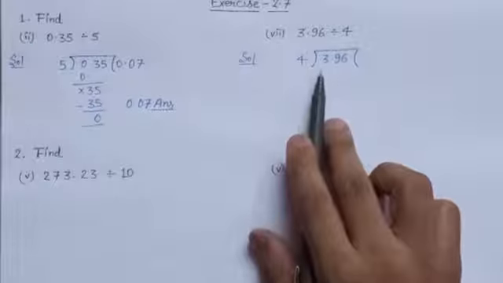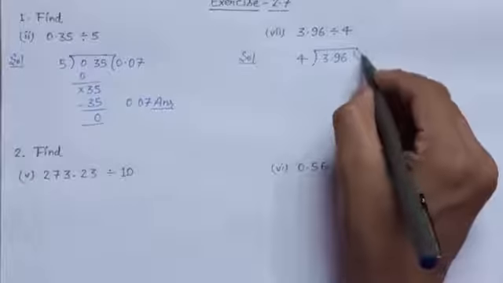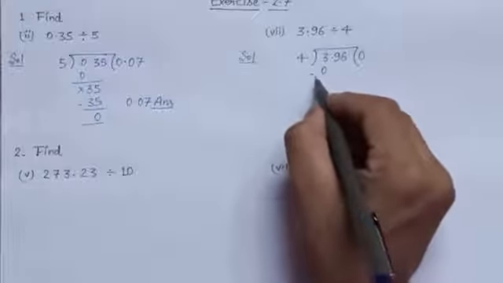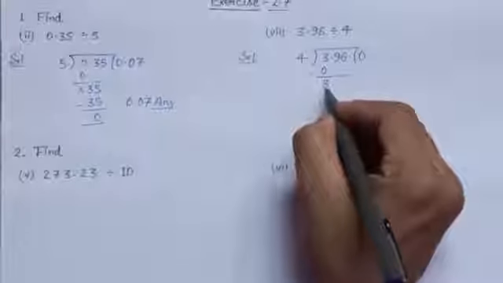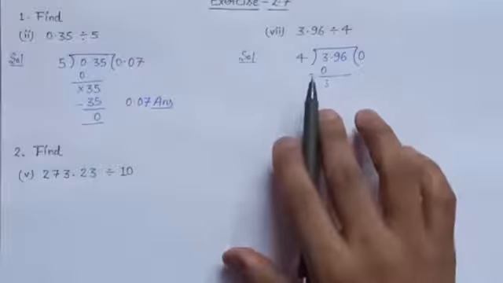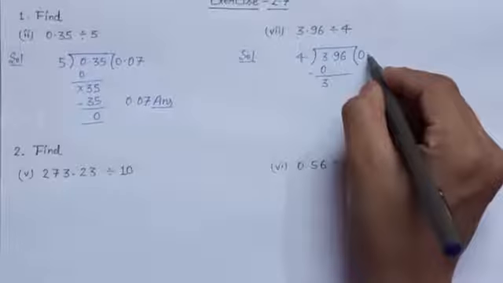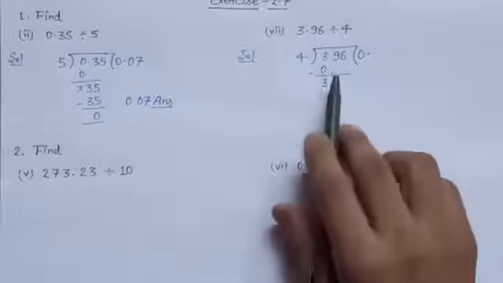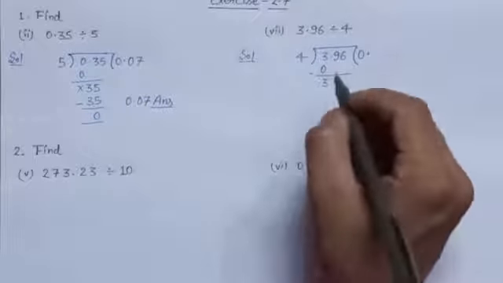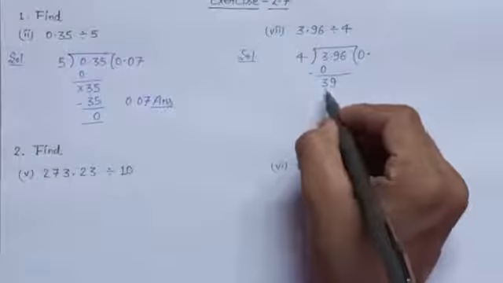The whole part is 3. So 4 times 0 is 0 and we have the remainder 3. As the division of the whole part is completed, we put a decimal point here and we take the next digit 9 here. So we have 39.